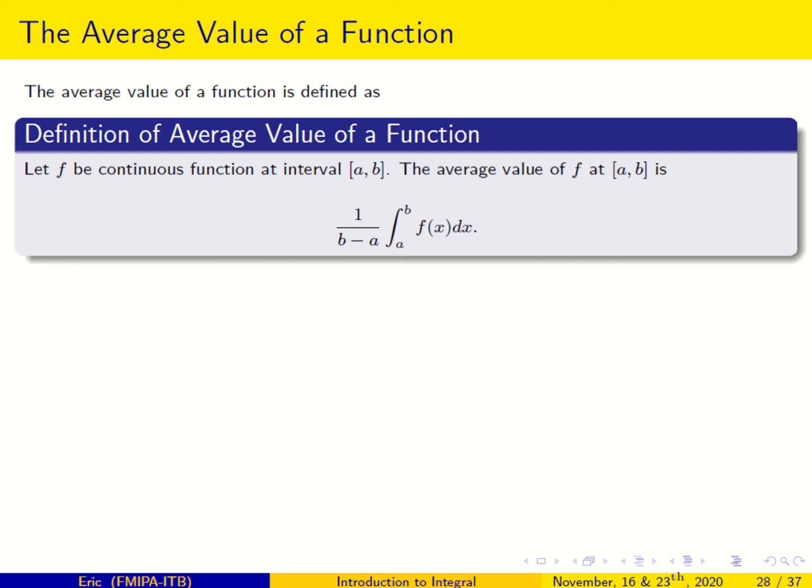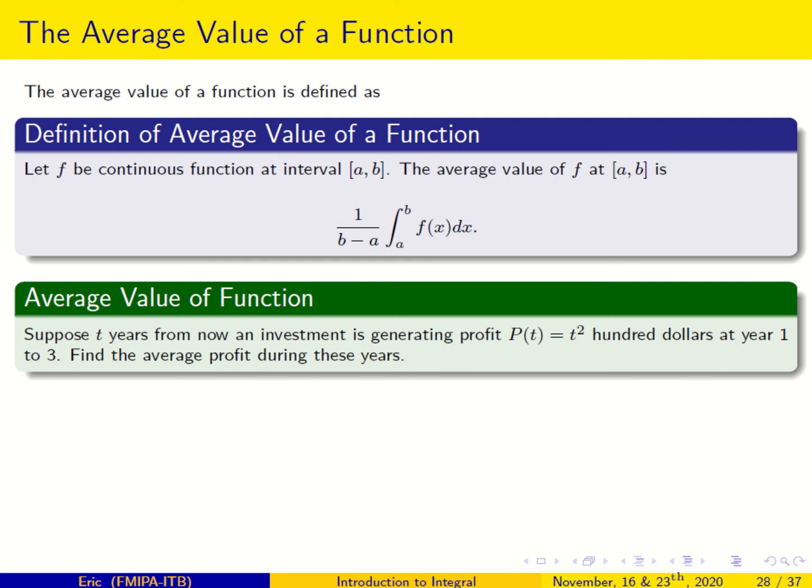This is the area below f(x) and above the x-axis, and you divide it by b minus a. So this is the average value of f from a to b.